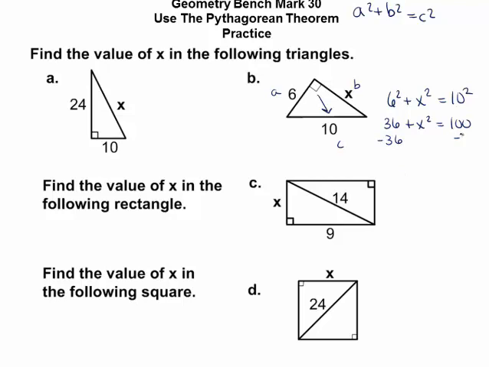Subtract the 36 from both sides. X squared will be 64. And I'll take the square root of that, and x equals 8. Okay. So why don't you guys try A, B, and or A, C, and D? Remembering that's x, x, x. I know it is.